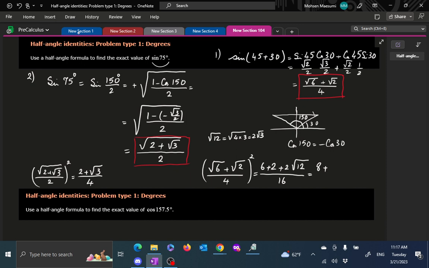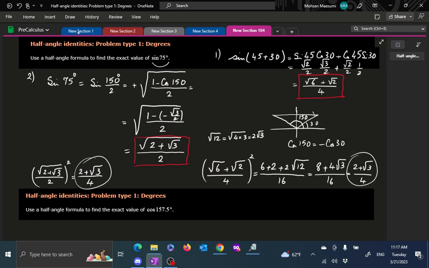So 2 comes out, times another 2 makes a 4 radical 3 over 16. Now factor 4 and simplify, divide numerator and denominator by 4, so you get 2 plus radical 3 over 4, which is exactly this.